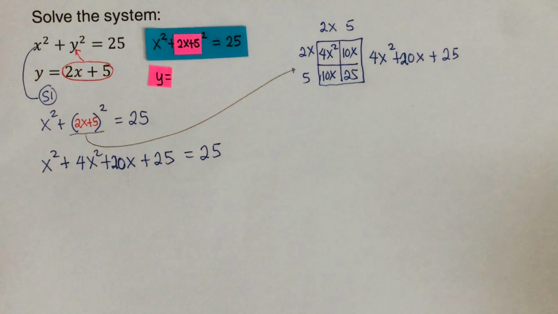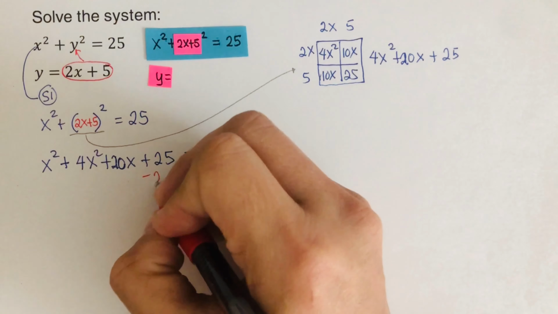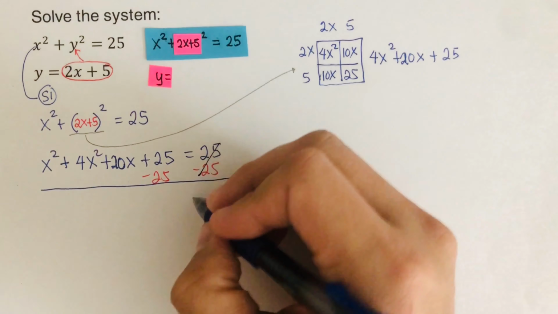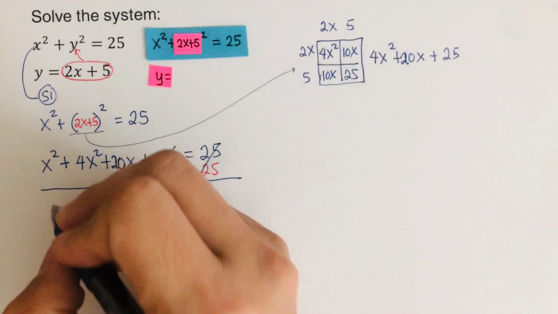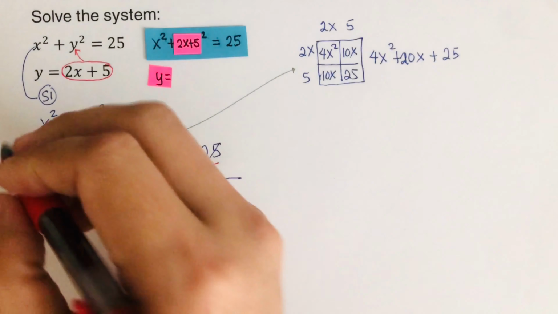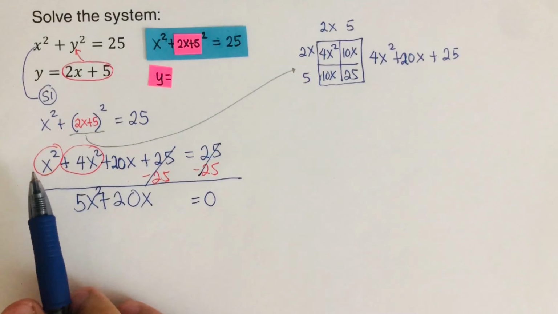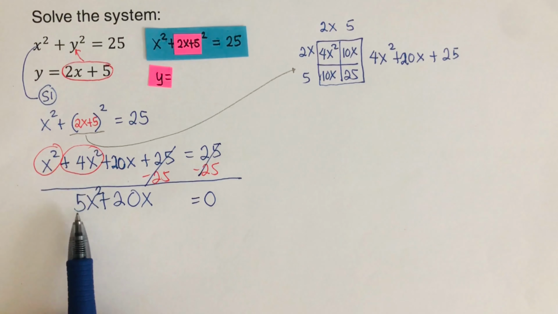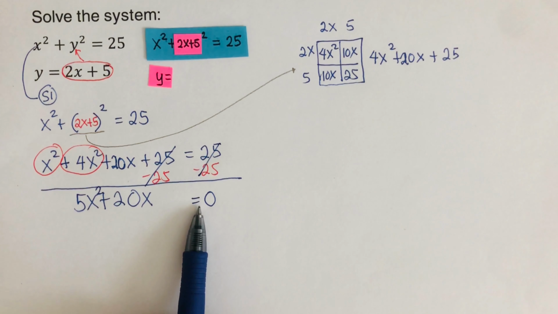Then we make one side equal to 0 by subtracting 25 from both sides. So minus 25 and minus 25. We cross out the 25 here, and that leaves 0. Combining like terms, x squared plus 4x squared is 5x squared, plus 20x is equal to 0.